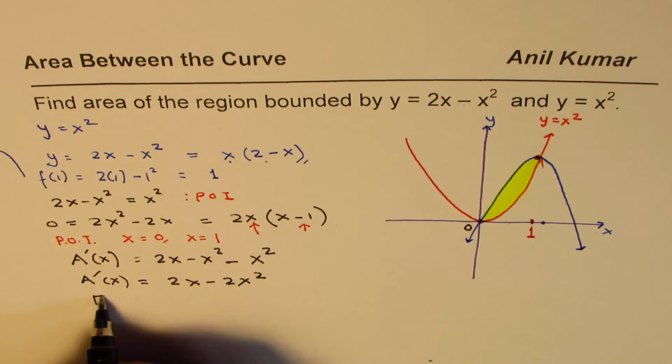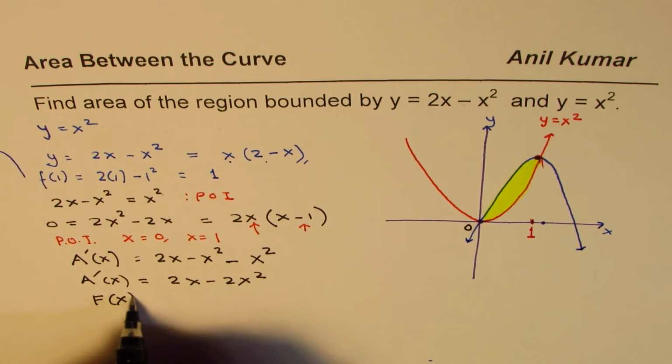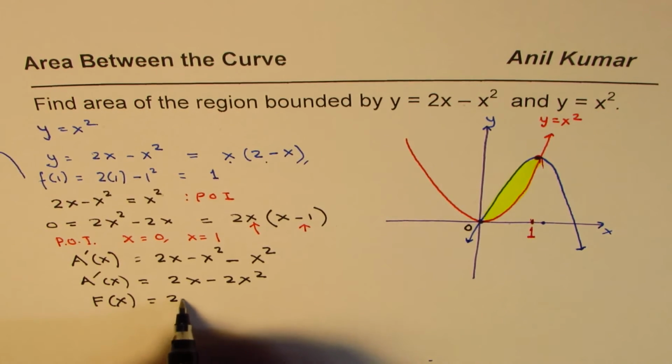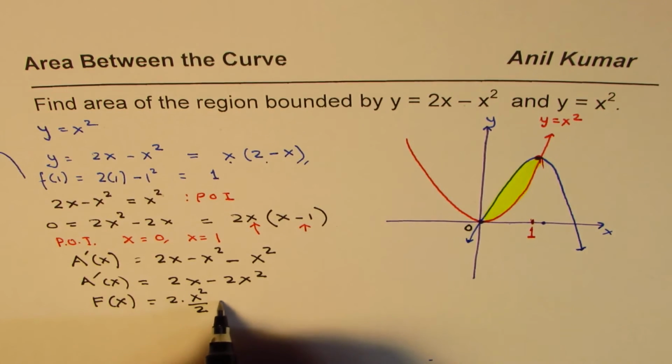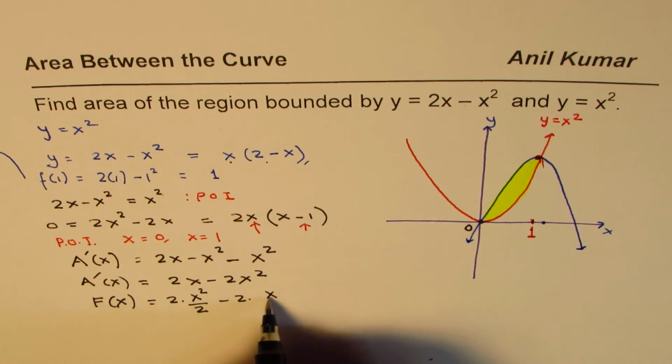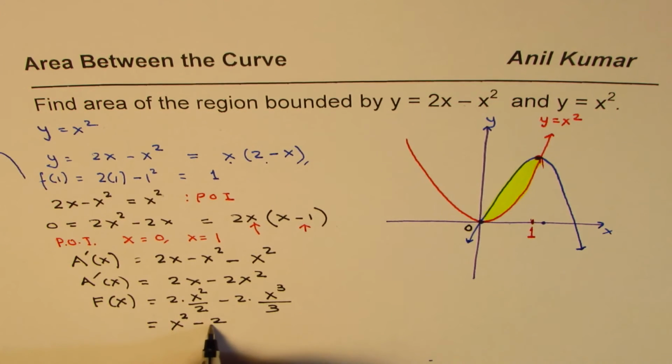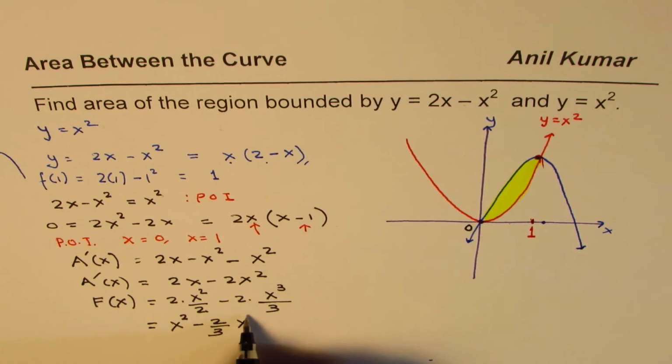So the area will be, we need to find the antiderivative of this, which is going to be 2 times x squared by 2, and in this case 2 times x cubed by 3, right? So the antiderivative is x squared minus 2 over 3 x cubed.